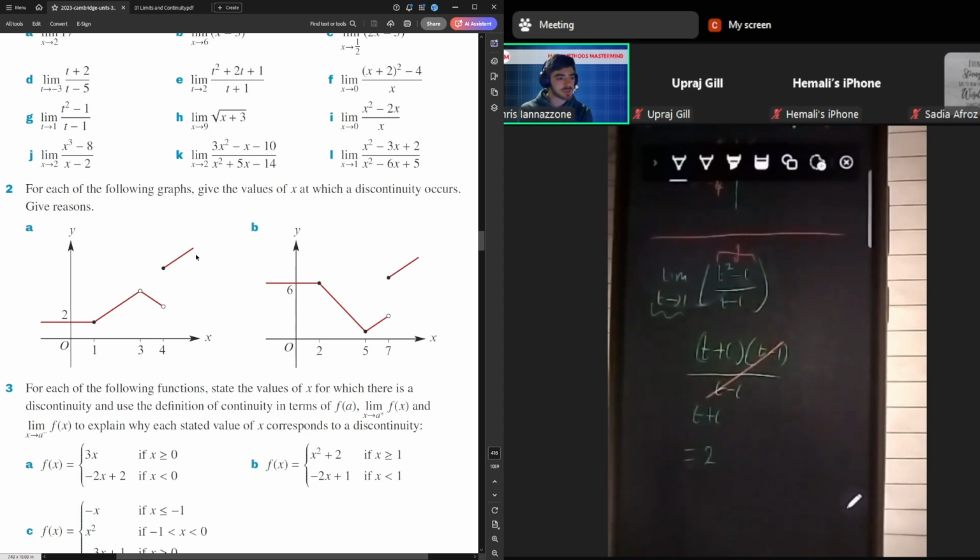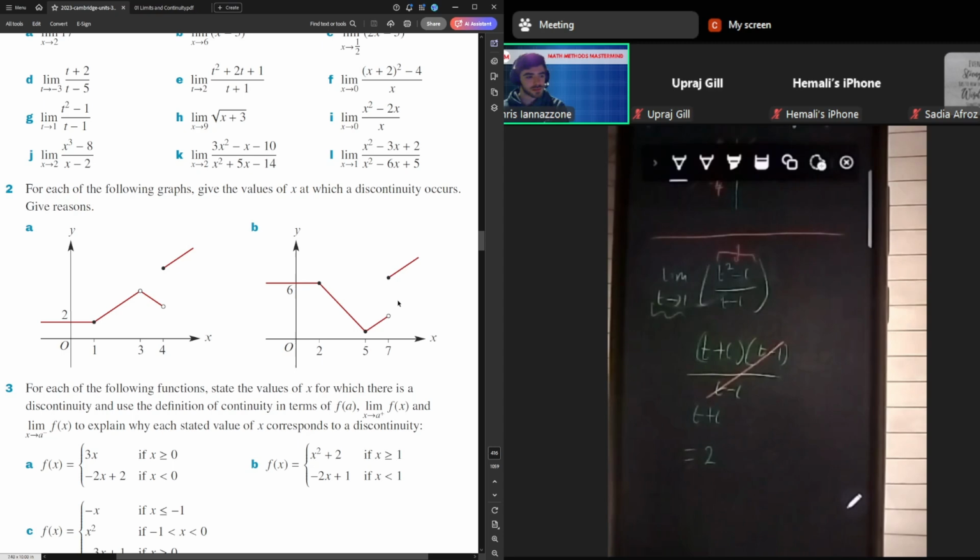I was talking about it a bit earlier from here, over in A. So the x equals 4 one in part A and the x equals 7 one in part B are discontinuous for the same reason.